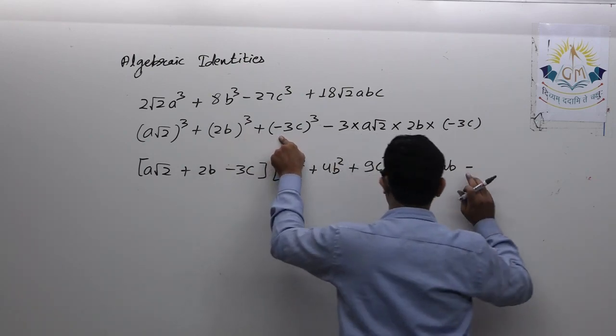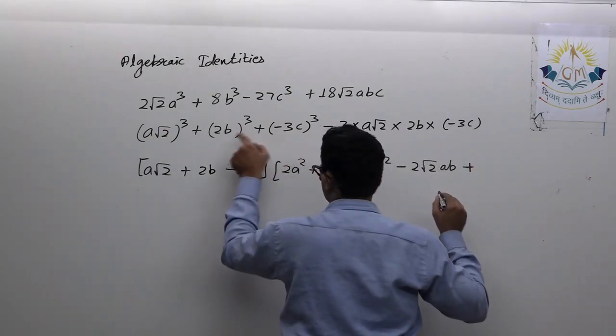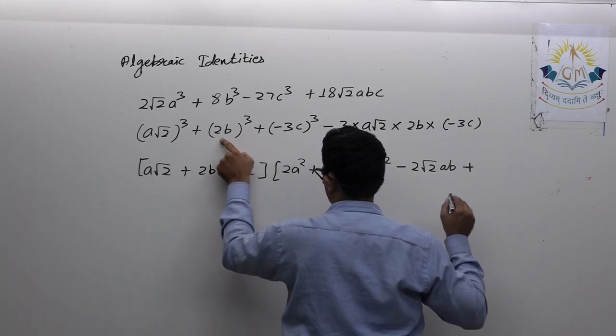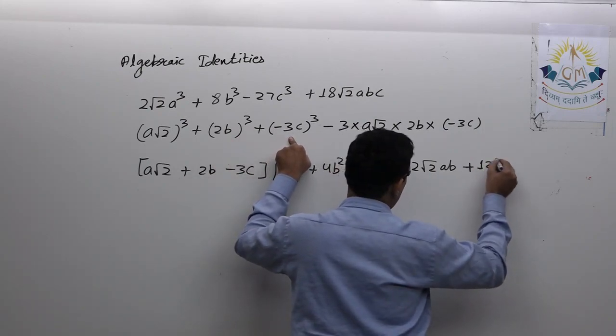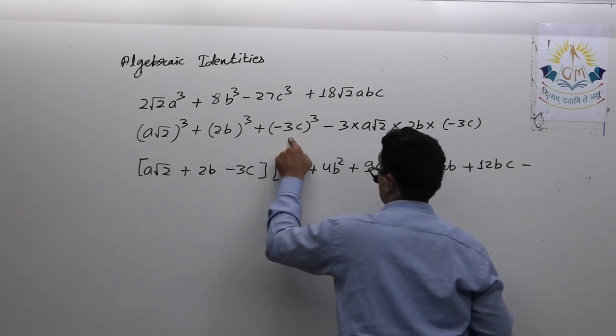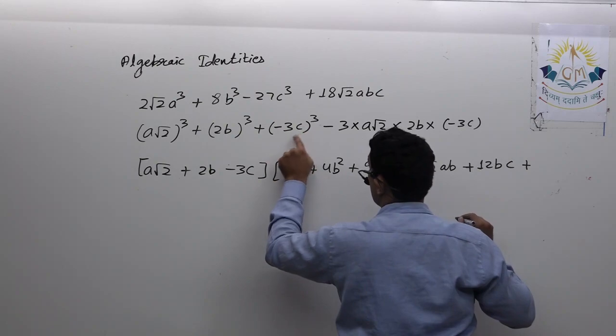Now here it is negative, here it is negative, so this will become positive. 2 into 2b into 3c, so 4 into 3 is 12, plus 12bc, minus ca, so again negative is there, so this will become positive.